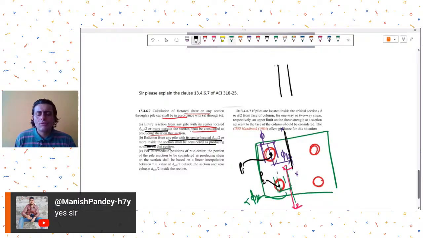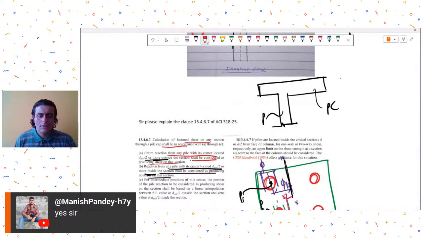If I draw a cross-sectional view for you, this is pile cap, this is pile. Our critical section lies at d/2.